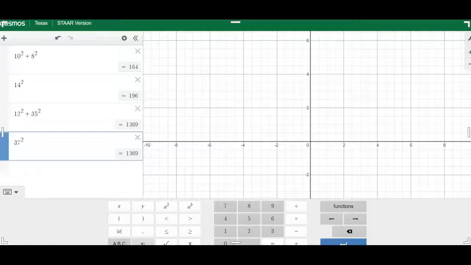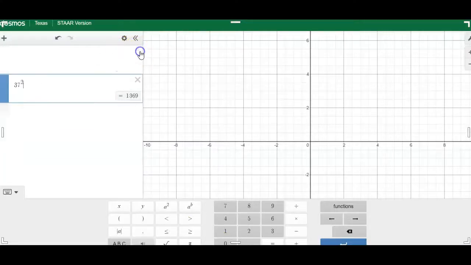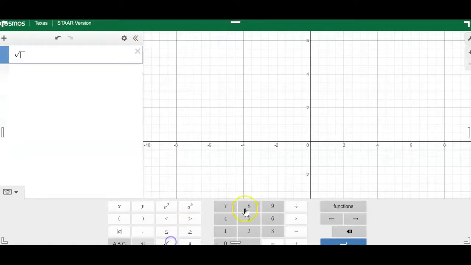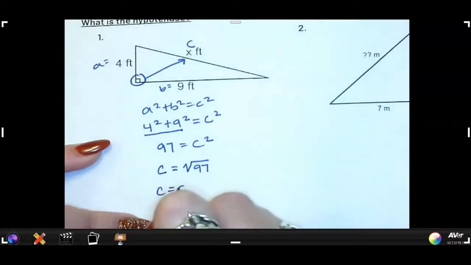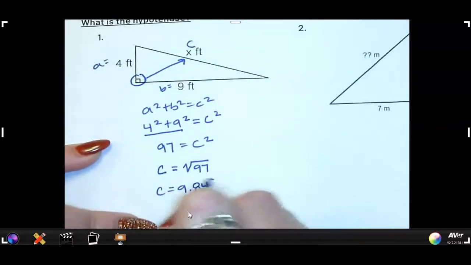Okay, and then we can put that into Desmos right quick. The square root of 97 is this big old long crazy number, but we're just going to go 2 places behind the decimal, so 9.84. C would be equal to 9.84.